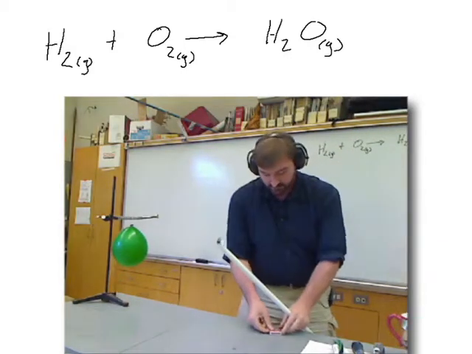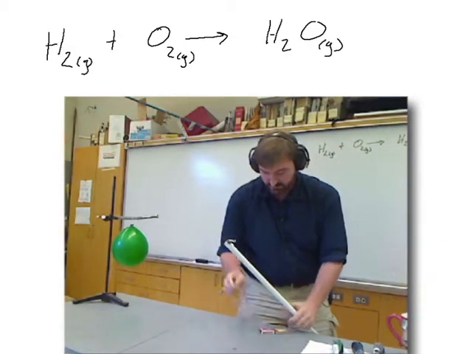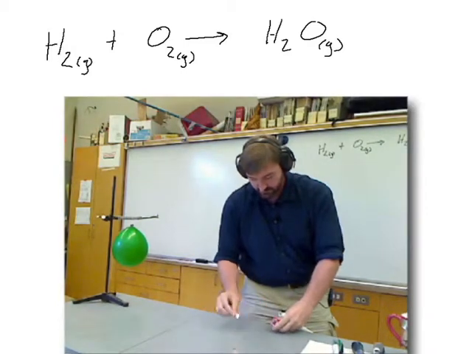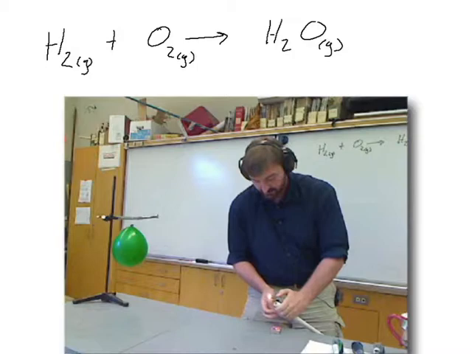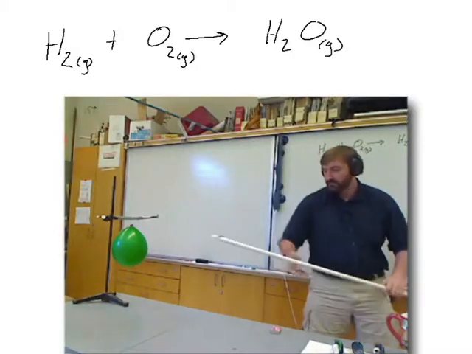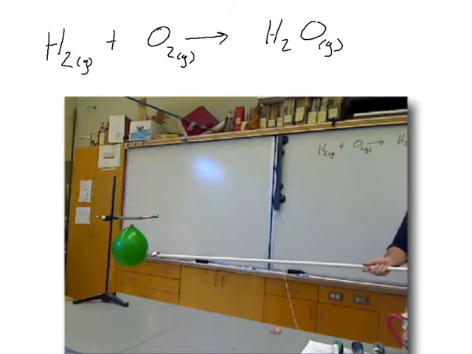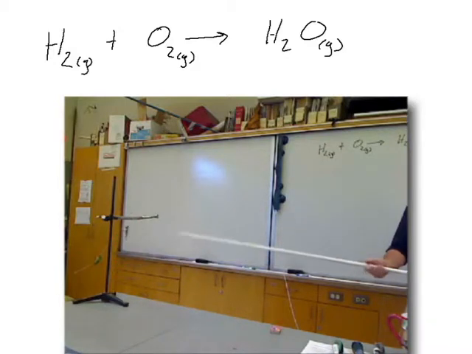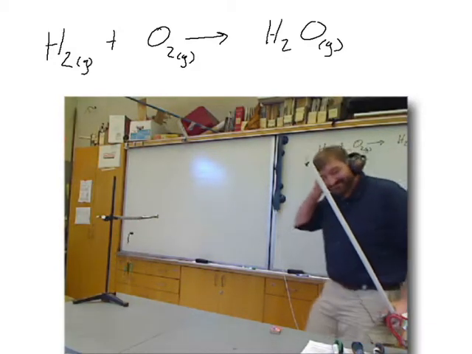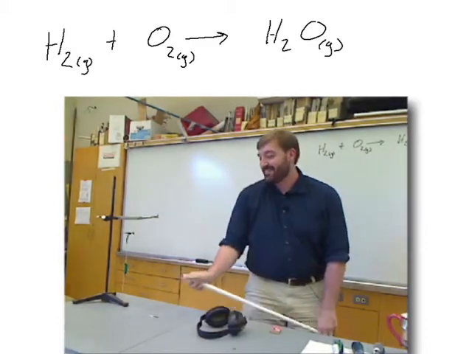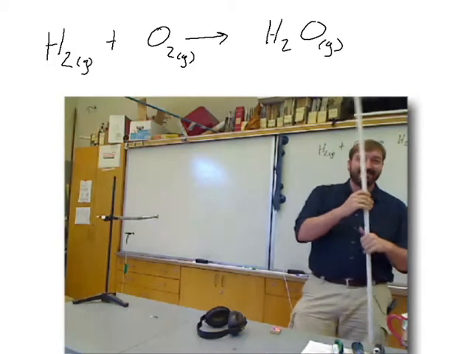So I need to be able to do this not just with individual molecules. I need to be able to do this with masses, with gram values, because that's what we measure in the lab. Same process, same types of stoichiometry calculations, but we have to do a little bit more chemical thinking about what we calculate and what our results mean.